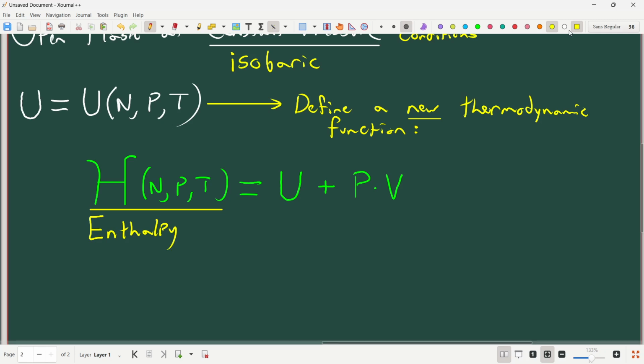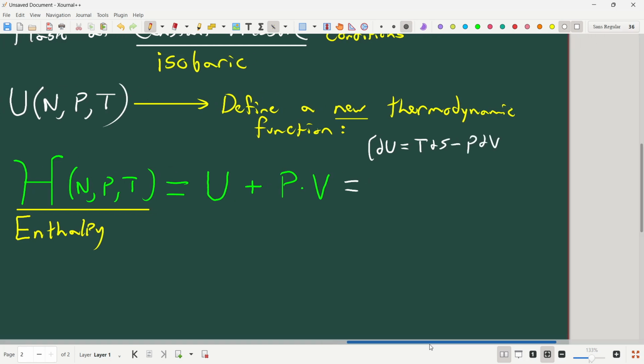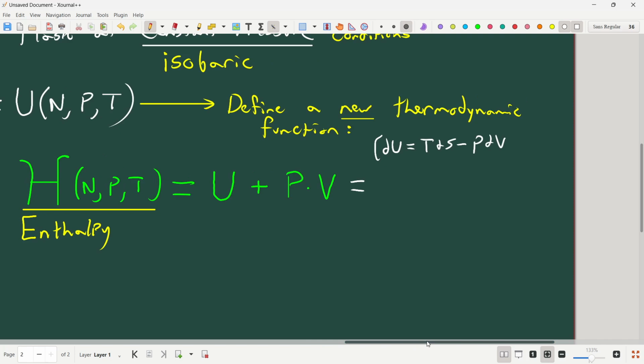We can roughly think about this if we remember that dU is equal to T dS minus P dV. Remember, that was our first postulate many weeks ago. If you integrate all the d's out, it looks like U equals TS minus PV.